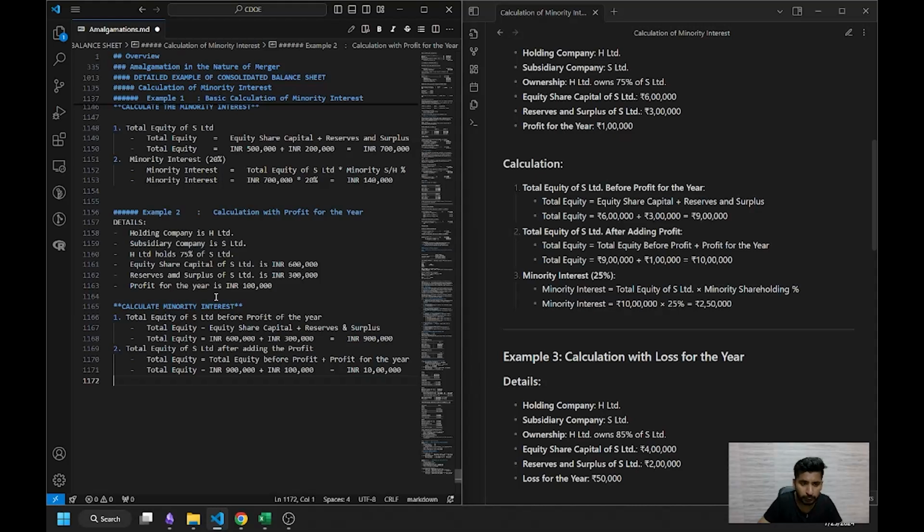And the minority interest equals total equity of S Limited multiplied by the minority shareholding percentage.